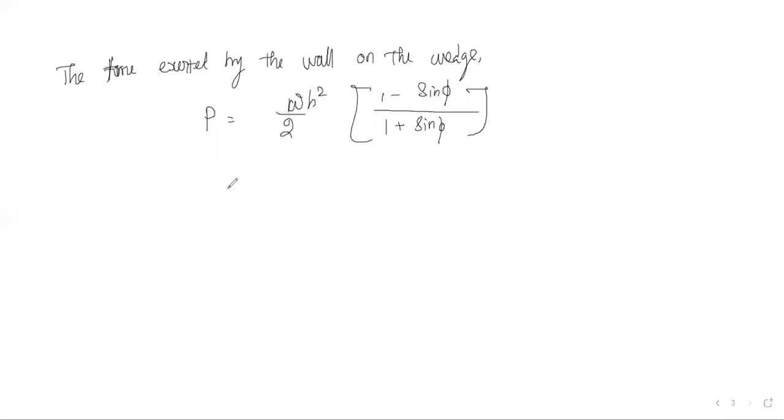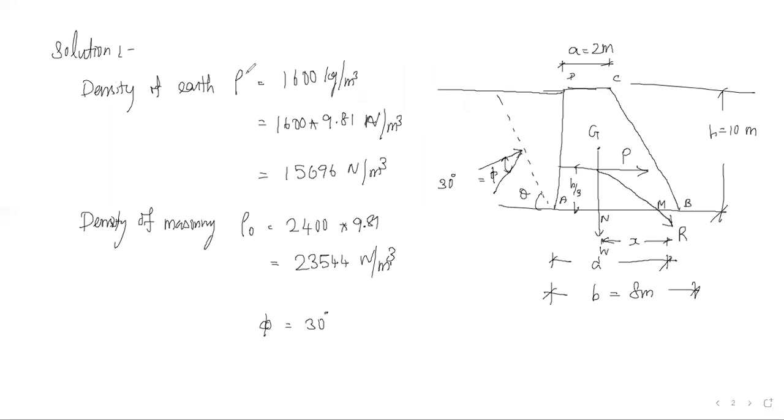Whereas omega is nothing but rho, that is the weight of soil. So better we can give the same letter, that won't confuse.